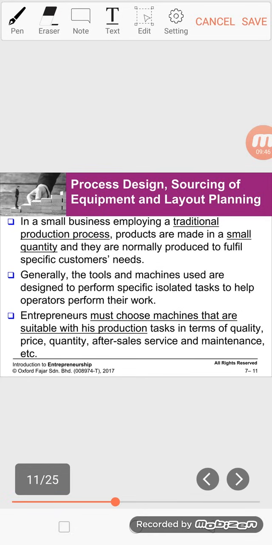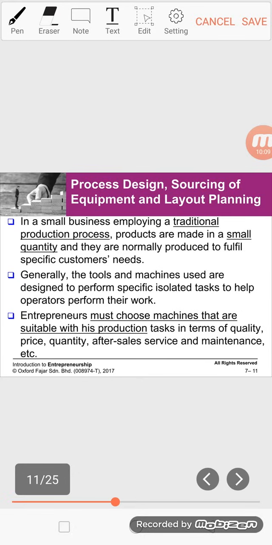Okay, so if for example, you want to increase the production, you have to make sure your machine or equipment or facilities can do that. Okay, they must have the capacity to increase the production. If not, then tak boleh lah nak capai. Okay, so it's the same juga.